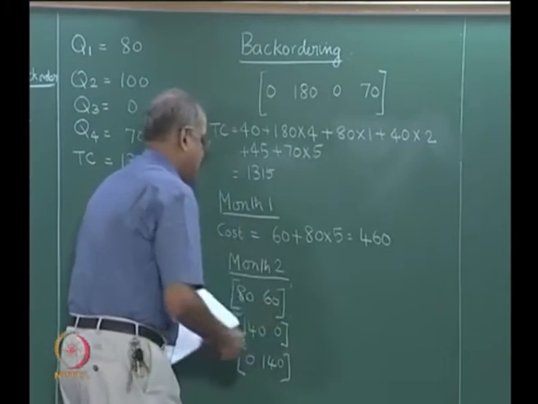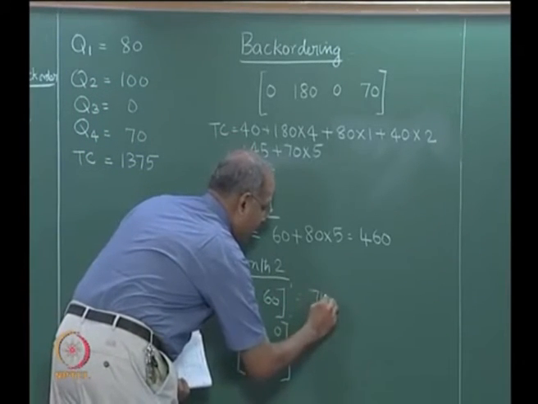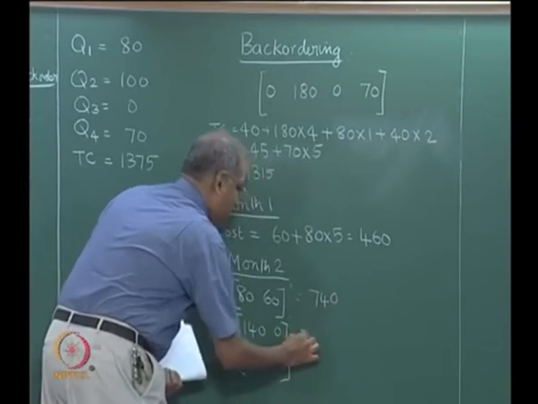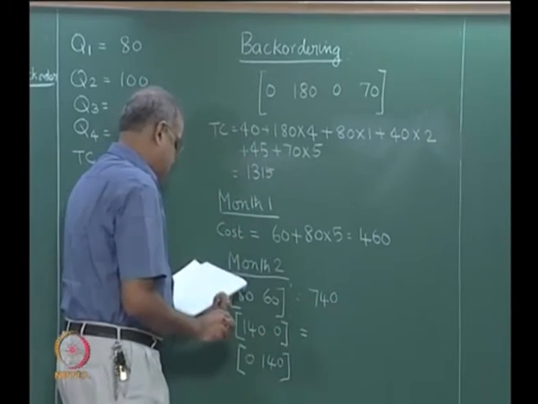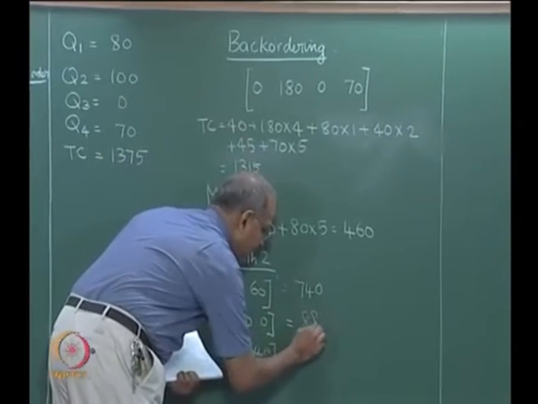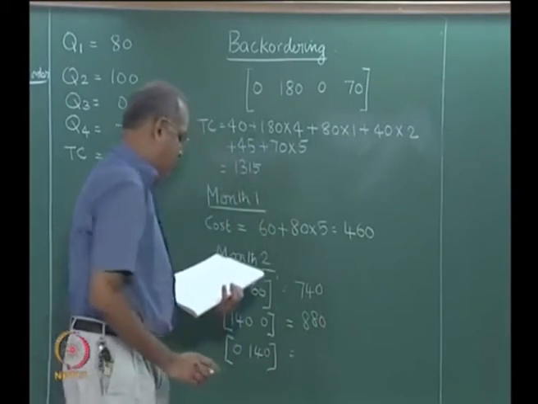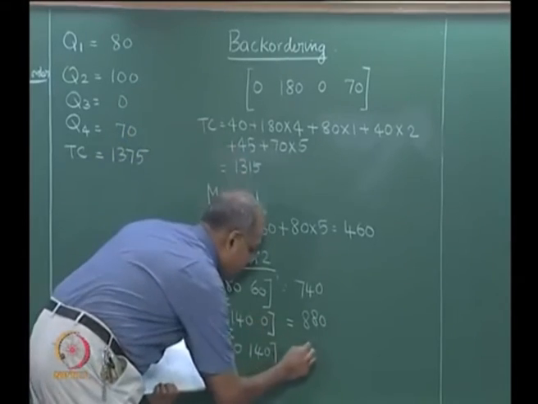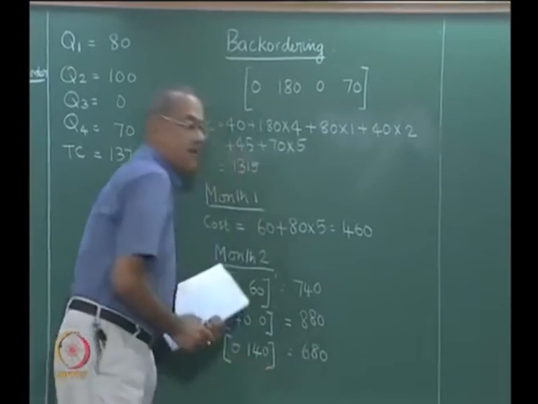So, this gives us a cost equal to 740. 140/0 would give us a cost equal to 880 and 0/140 would give us a cost equal to 680.